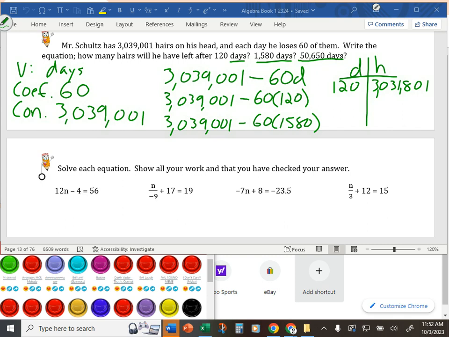3,039,001 minus 60 times 1,580. Again, not so quick maths, but what do you come up with? Our official calculator. 2,124,201.